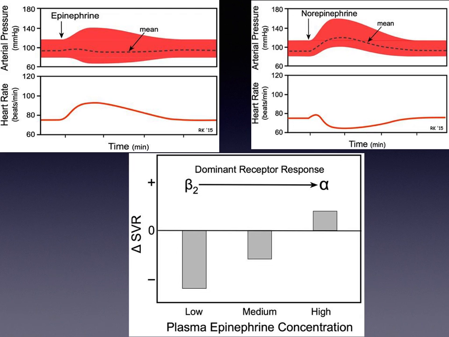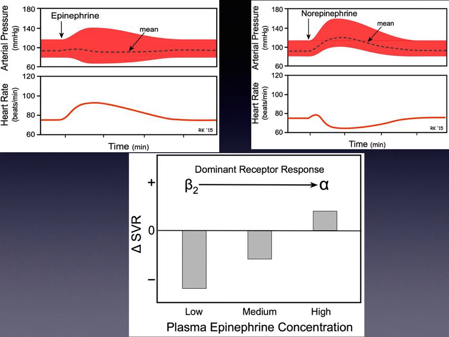As far as blocking the actions of the catecholamines, because catecholamines act on the heart and blood vessels through the alpha and beta adrenal receptors, their actions can be blocked by treatment with, obviously, alpha blockers or beta blockers. When those are blocked, that alters the response to the catecholamine because the other adrenal receptors will still bind to it.